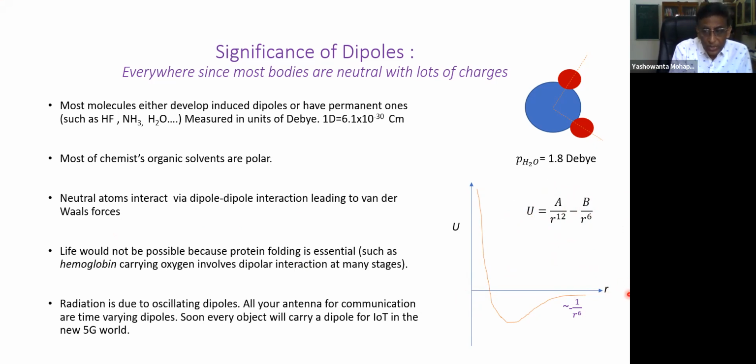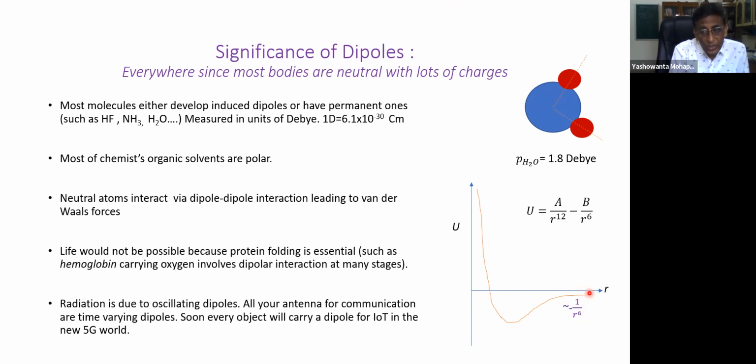But once another neutral atom starts coming, they start interacting, and they induce dipole moments on each other. So this is an induced dipole moment. Each inducing a dipole on the other, and hence the interaction goes as 1 by R cubed times 1 by R cubed, which goes as 1 by R to the 6 and is attractive.